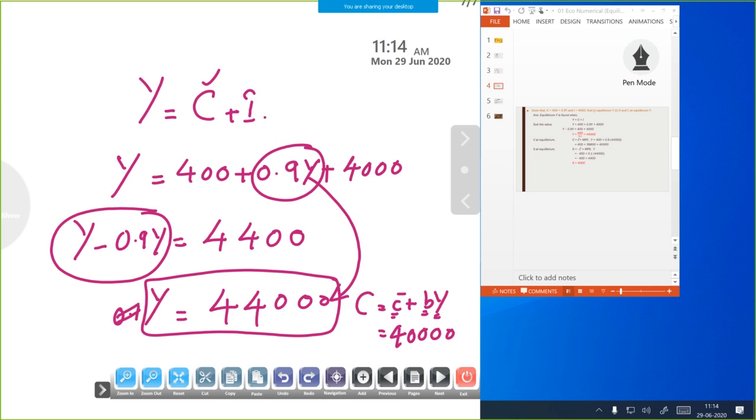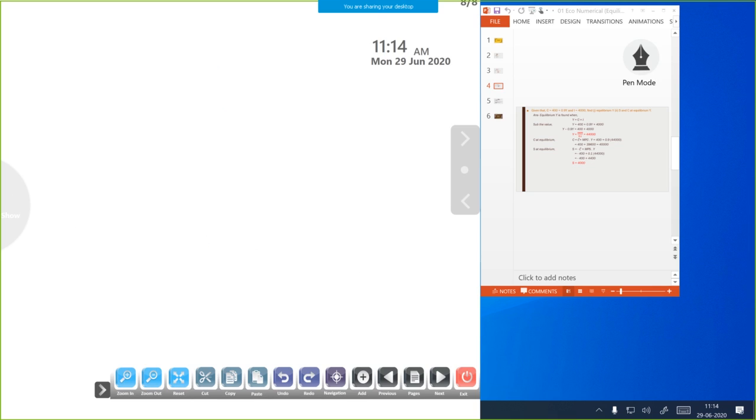Then saving is equal to minus C dash. So in that format you have to substitute income. Our income is 44,000. Saving is minus C dash plus 1 minus b, into y. That is our saving equation.